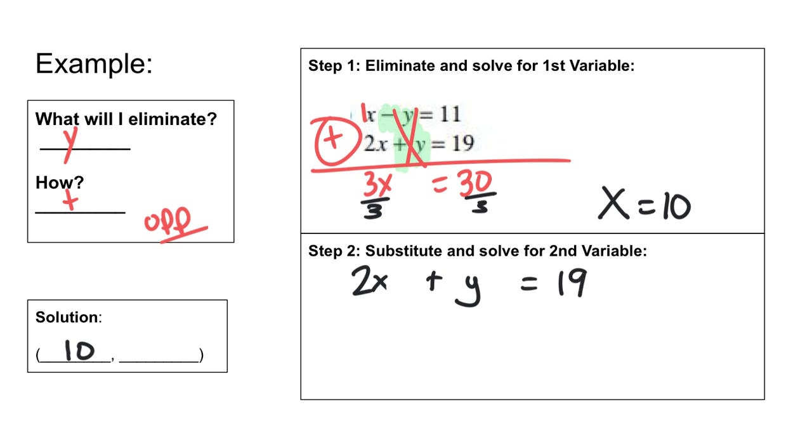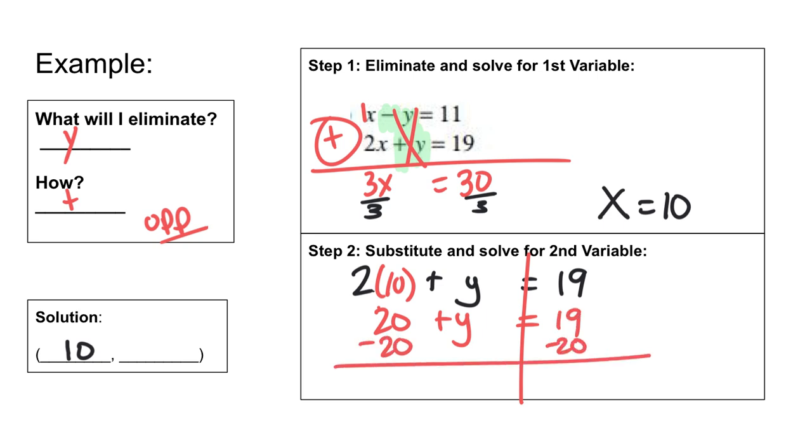So I'm going to take the x out, replace it with 10, and I'm going to solve that. So 2 times 10 is 20 plus y. Then I'll subtract 20 from both sides. And that leaves me with y equals negative 1. So my solution to this is 10, negative 1.